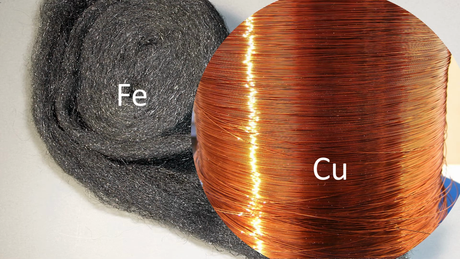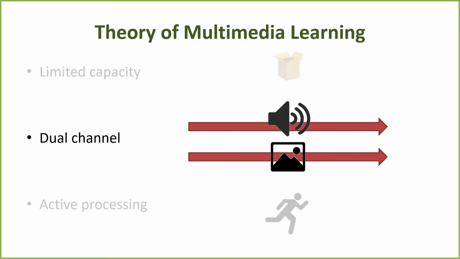And there we can give the symbols. Why should we do this? Because working memory has two channels. One is dedicated to pictures.